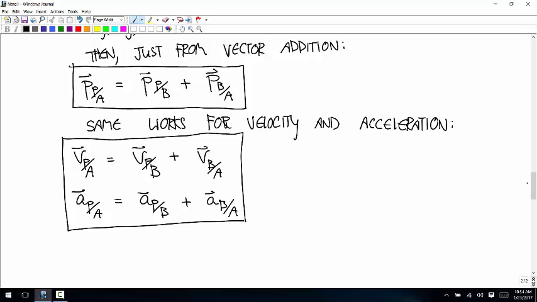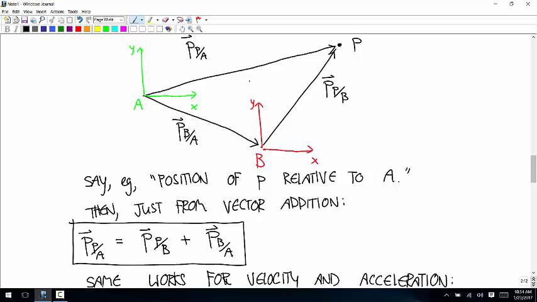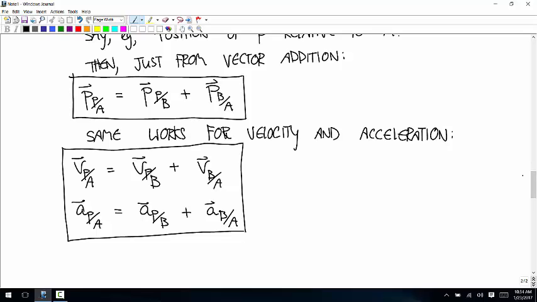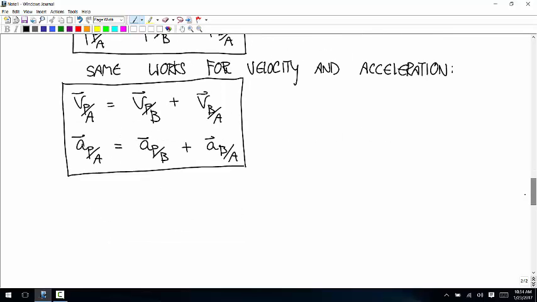You can think of it in terms of vector addition like this, but as sort of a quicker memory device is to think about fraction multiplication.